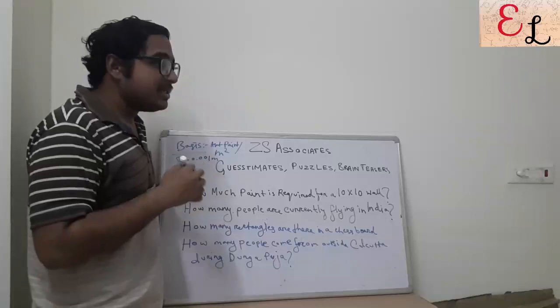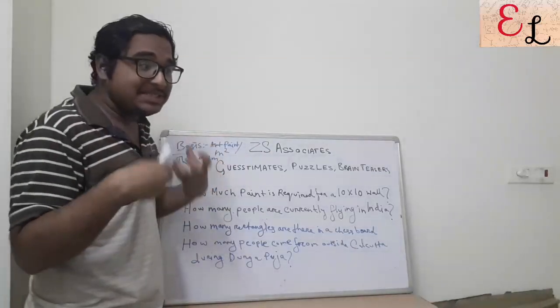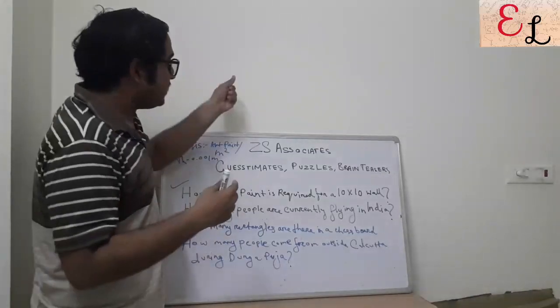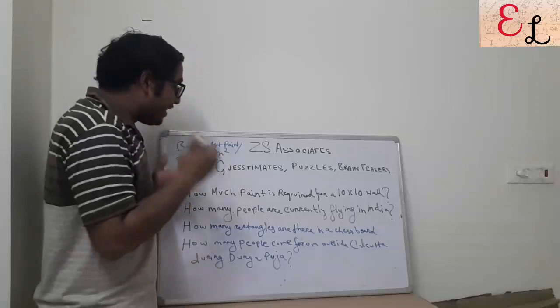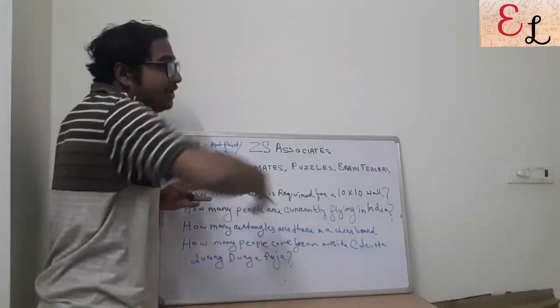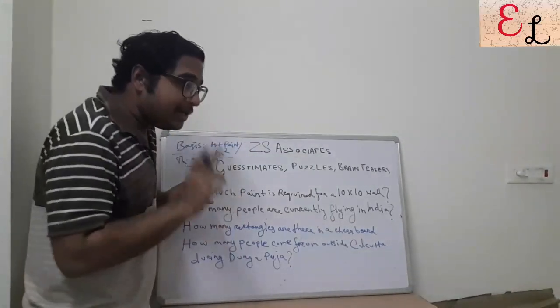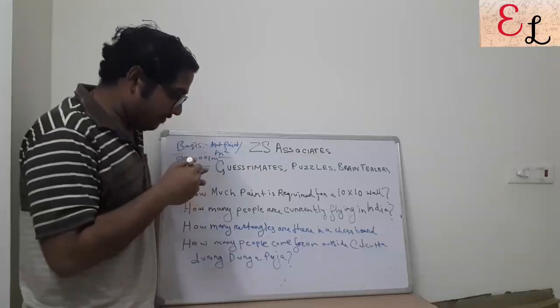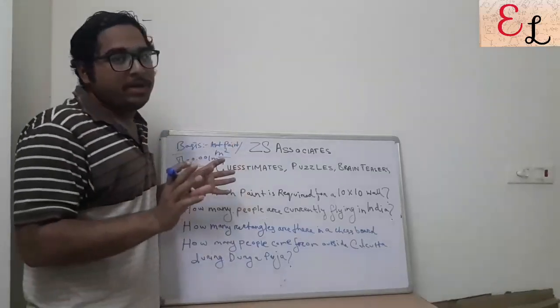So if you are considering it to be a 1 millimeter thickness now, you will have to consider at least double or 2.5 times the thickness in actual when the paint was applied. So if you calculate the volume by this method, that is 10 into 10 into 0.001, you will have to multiply that by 2 or 2.5 times to get the actual amount of paint that would have been required.